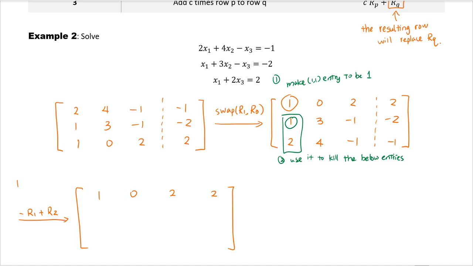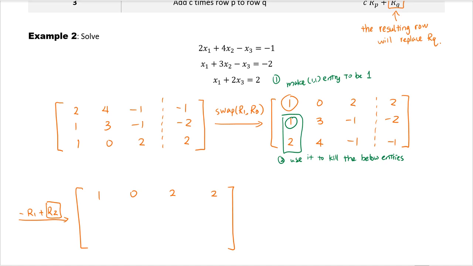Why don't we write row 2 minus row 1? So row 2 minus row 1 means you're going to replace row 1 with this resulting new row. So we don't want to replace row 1, we want to replace row 2. That's why we want to put row 2 in the second place. Okay? So minus row 1 plus row 2.